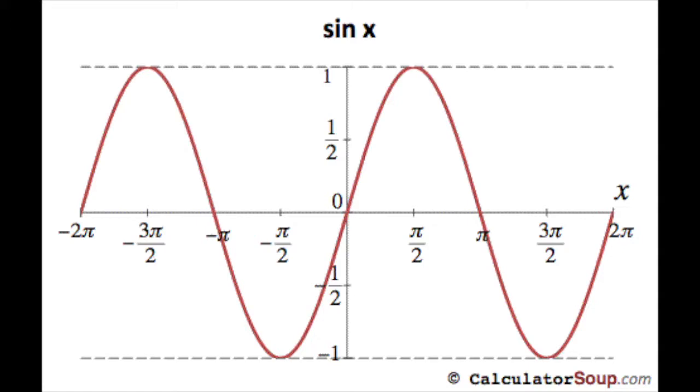The properties of the graph, like its period and its amplitude, will all change if the sine function was to be transformed by adding coefficients and stuff like that. We already went over these different sorts of transformations that happen to a graph.